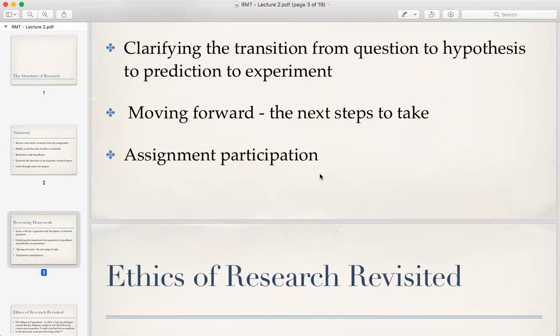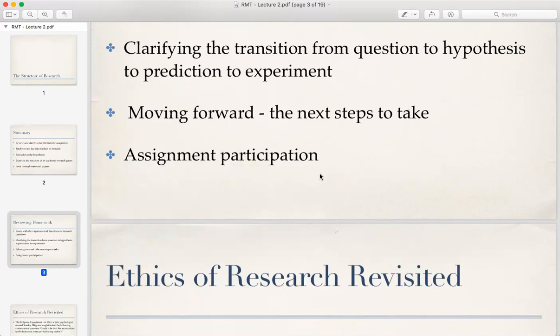And just clarifying a little bit also the transition from question to hypothesis to prediction to experiment, using Lahar's assignment as an example. Again, the hypothesis is the guess, the prediction is what flows naturally from the guess: what are the physical consequences in the real world if that guess was true?